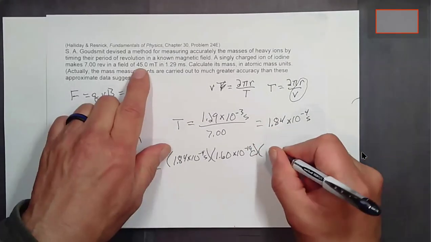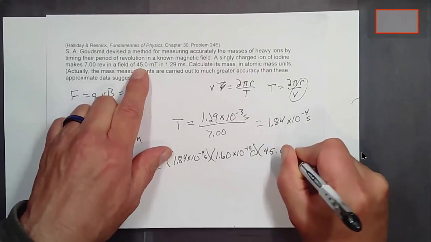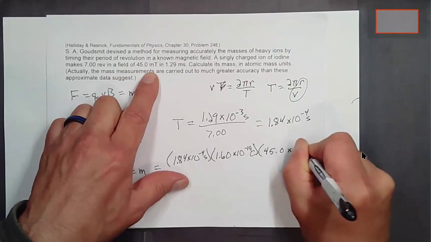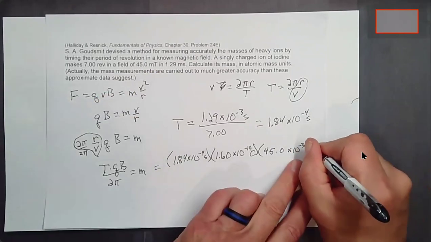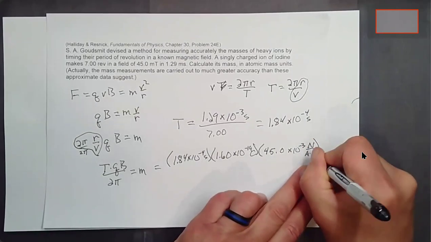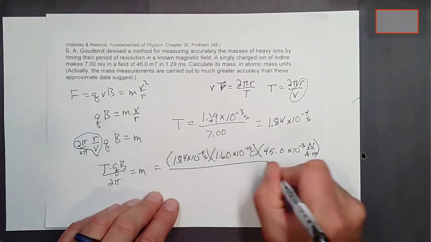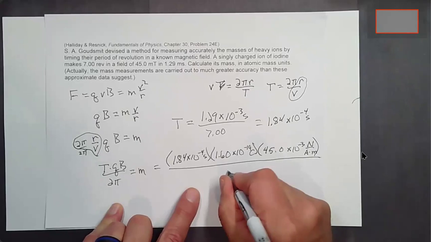And we have a magnetic field of 45.0 times 10 to the minus third Tesla, but I'm going to call it a Newton per amp meter again so I can check to make sure my units came out right. And then on the bottom, I just have a 2 pi.